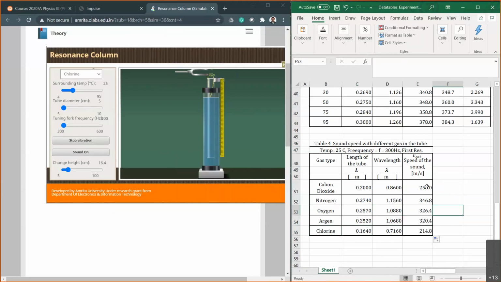Now you can see with the gases, carbon dioxide is much lower than the expected value. Nitrogen is very close. You can see why: our regular atmosphere is about 70% nitrogen, right? So we expect it to be about the same number. Our real number in the air is about 340-something, right? So that's a good match to our room temperature value.